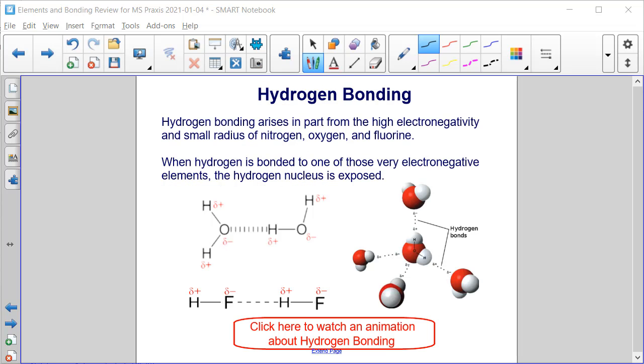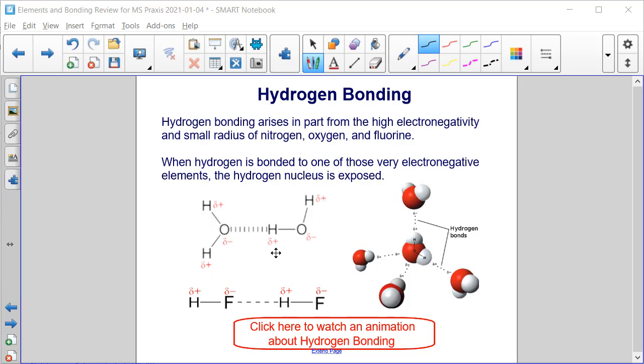Hydrogen bonding in part comes from the very high electronegativity and small radius of nitrogen, oxygen, and fluorine. When hydrogen is bonded to one of those, and there are examples here of oxygen and fluorine, the hydrogen nucleus is really exposed, though it's not ionic, and the negative charge is really concentrated on the oxygen or the fluorine or the nitrogen.